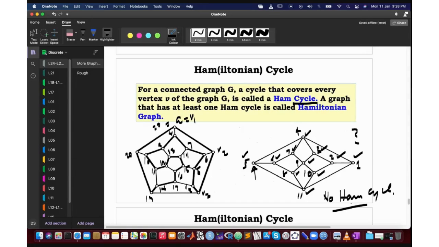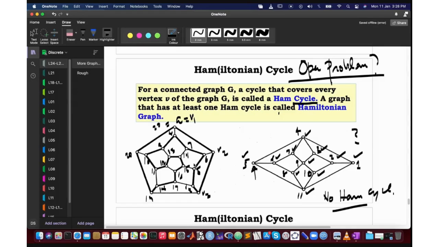Simple. So it turns out there is no such property known. It's an open problem to find such a property, where I give you a graph and you let me know whether it contains a Ham cycle or not. It's a really hard problem.